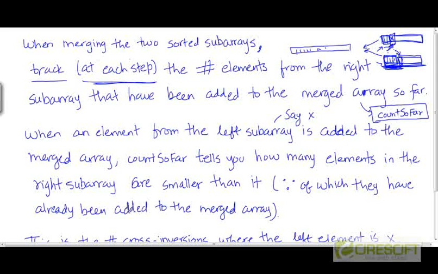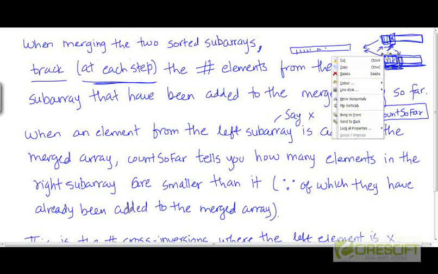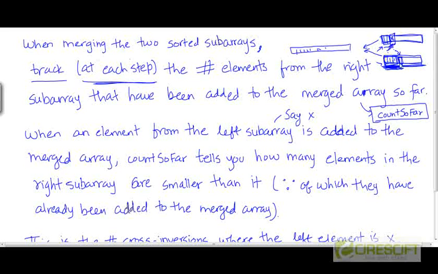So at the exact point of time where we decide to insert x into the merged array, the elements that are less than x in this array have been already added to the list. And we know how many elements have been added. That's the value of this counter.